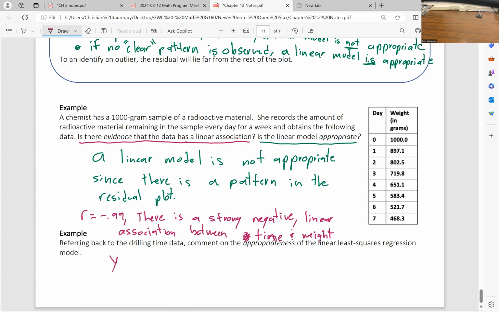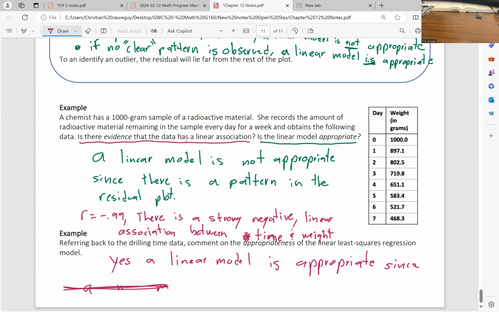So yes, a linear model is appropriate since there is no clear pattern in the residual plot.